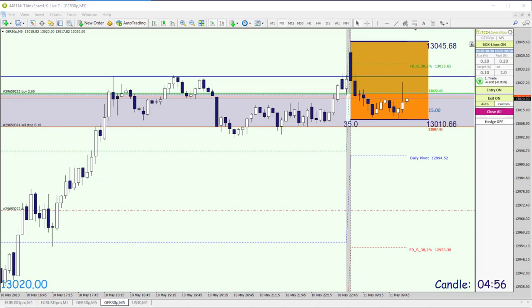5 minutes past 9, still in the first trade. Now we see a second push. Not strong enough.